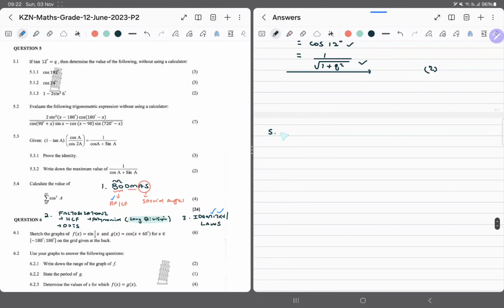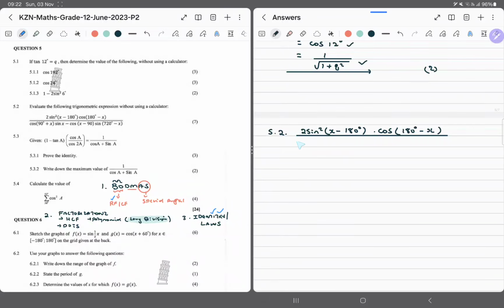5.2. All right, so we've got this expression. So we've got 2 sine squared of x minus 180 degrees times cos of 180 degrees minus x.